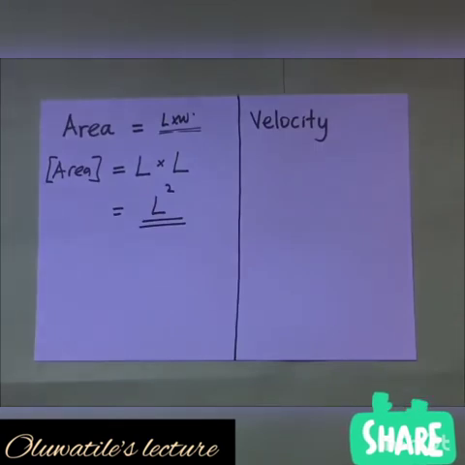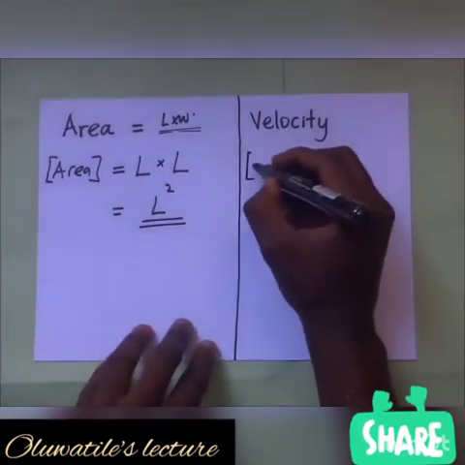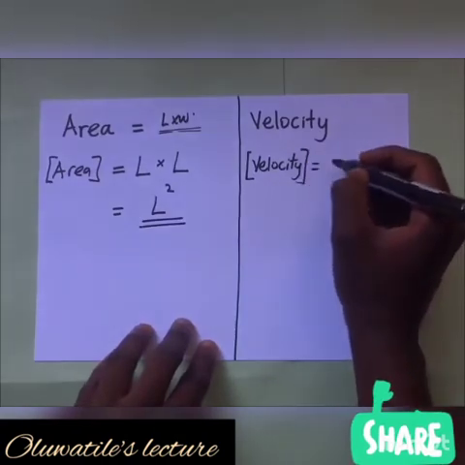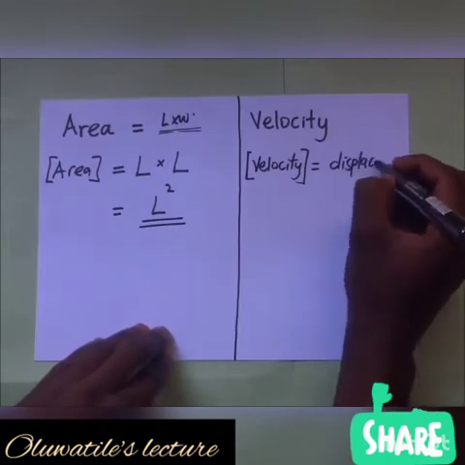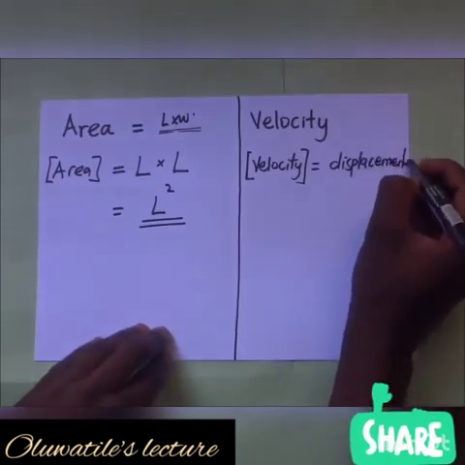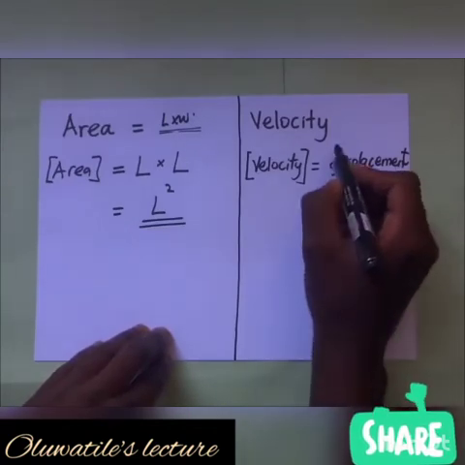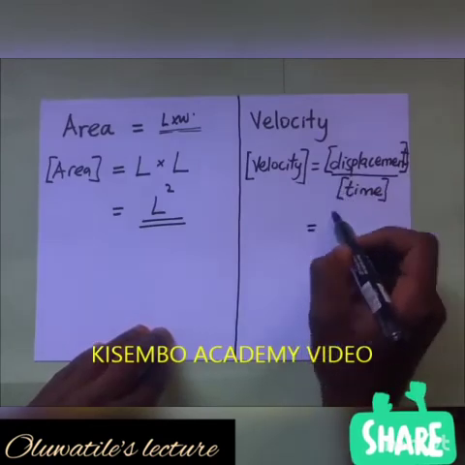Let's get to velocity. We all know that velocity is the rate of change of displacement. So the dimensions of velocity are going to be equal to the dimensions of displacement divided by time.